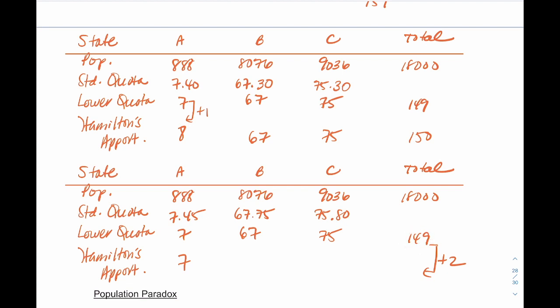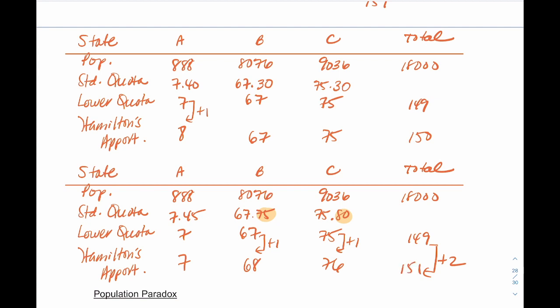And we need our total to be 151 now. So if we look at our decimals, the highest ones would be these 2. So using Hamilton's method, those would be the 2 that we would add 1 more seat to. So now that's going to add up to 151.